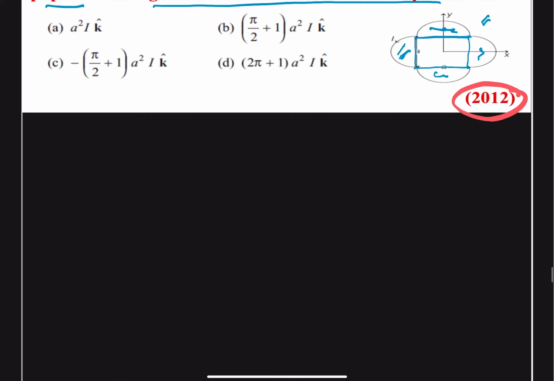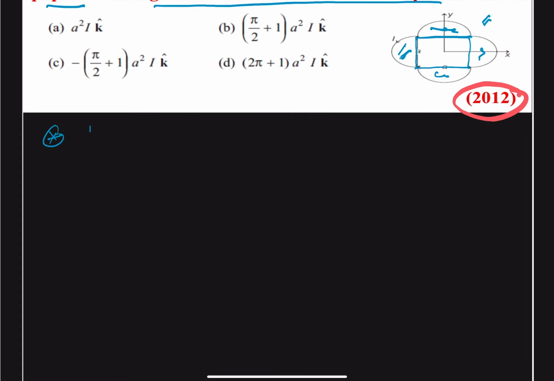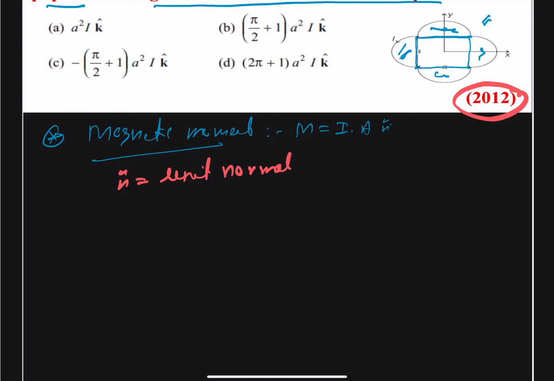So we know that magnetic moment m is given as I A n, where the unit vector n is the normal to the loop. In this case the direction is given as k out of the paper. So we can call this the unit normal to the loop, and that is along k positive.